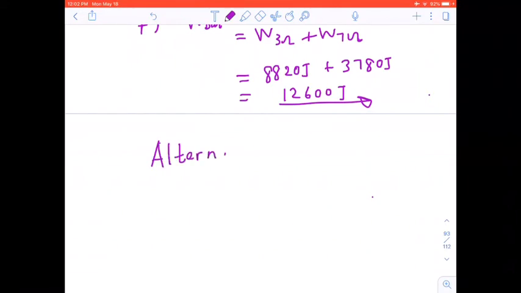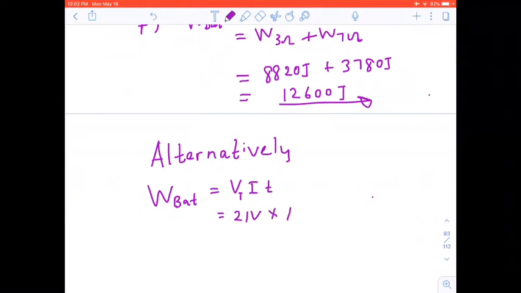Alternatively, we could say W, that the battery does work, and that is given by V of the battery, or V total, and I is the current in the circuit, times T. So there we got 21 volts, and our current in the circuit we know is 10 amps.